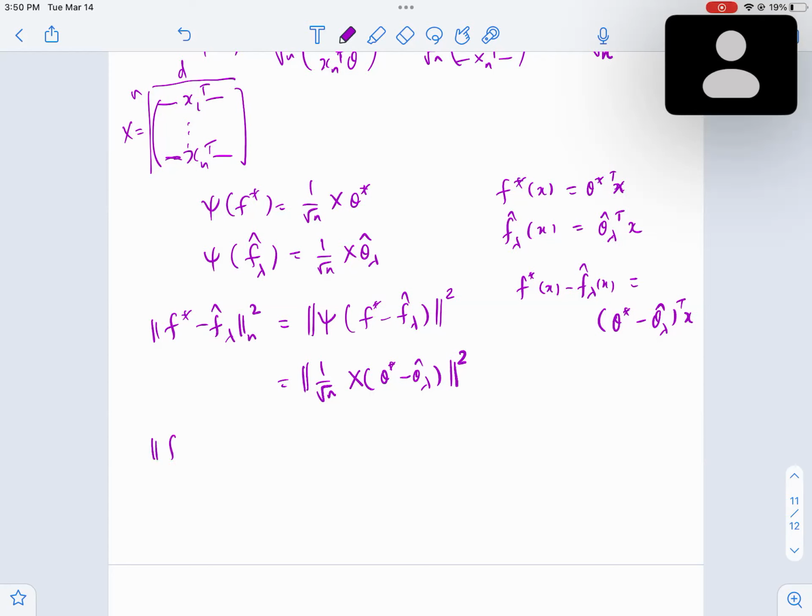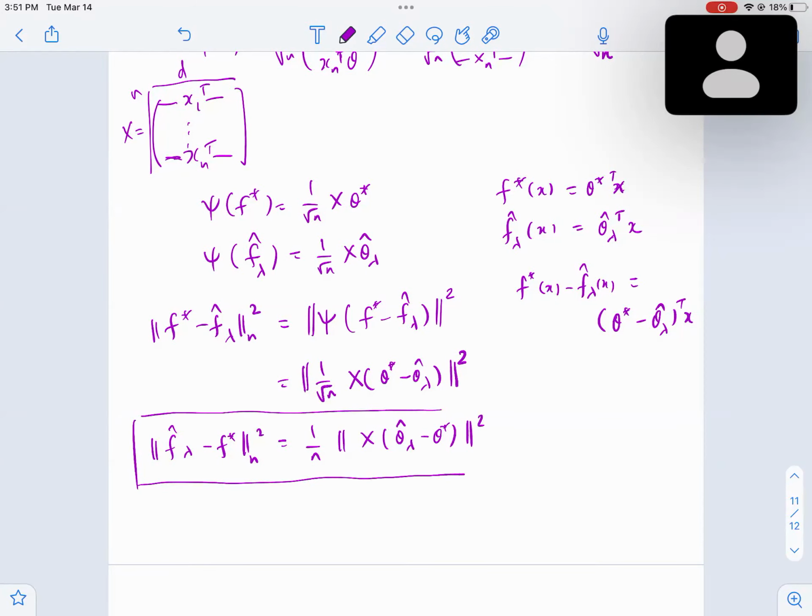So yeah, but I would like to look at probably this version. Just flip the sign. So 1 over root n comes out. I get x, flipping the sign doesn't change things. So that's the basic argument that I can write this empirical norm in this fashion.